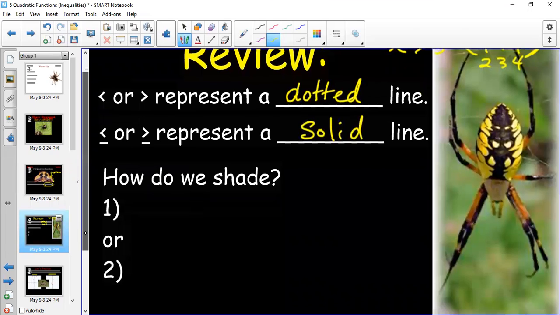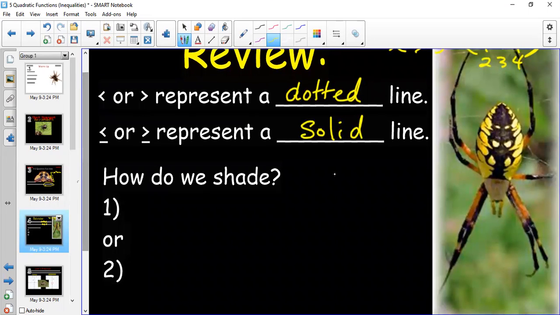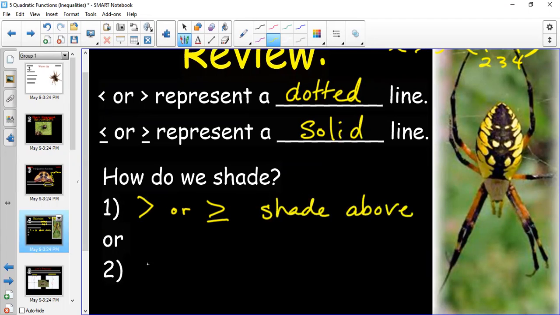Now when we shade, if you remember before, if it was a greater than, or a greater than or equal to, we always shaded above the line. If it was a less than, or a less than or equal to, we always shaded below.